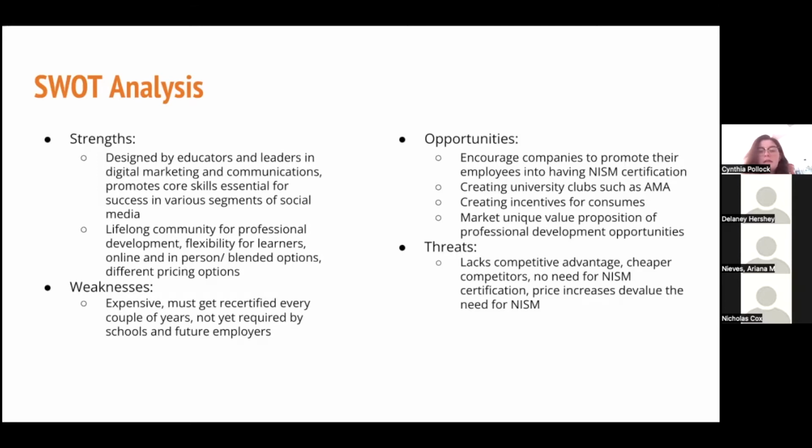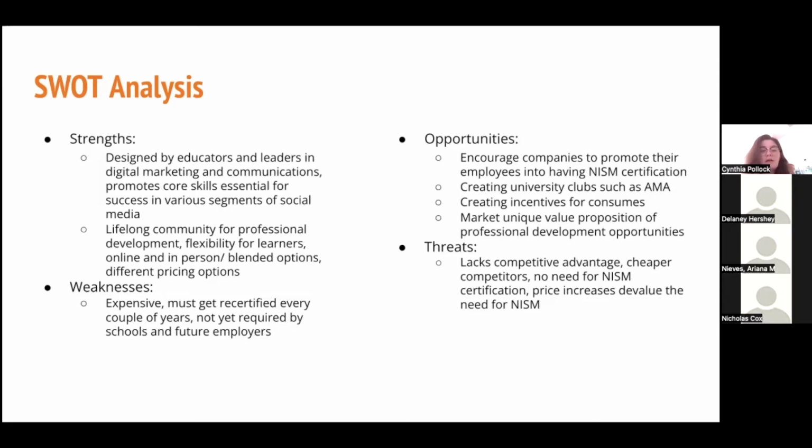Some of the weaknesses that you'll see are the prices. Even though NISM is on the cheaper side, it is still pretty expensive. And some schools and employers do not require you to have NISM. But an opportunity NISM could use is to encourage companies to promote their employees, making sure that the certification is recommended and required for certain demographics.